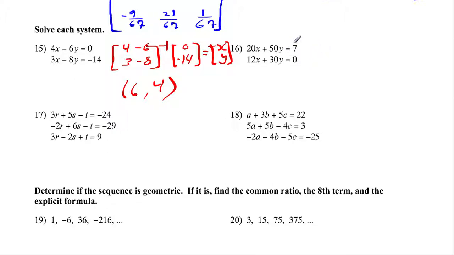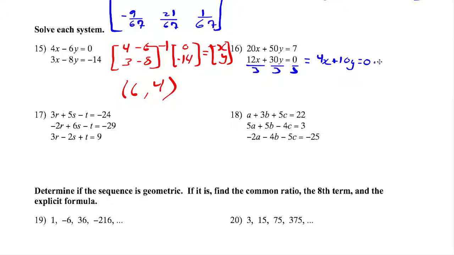So just looking at this, let's see, I could divide this second one by 3. So if I divide this by 3, I'm going to get 4x plus 10y is equal to 0.